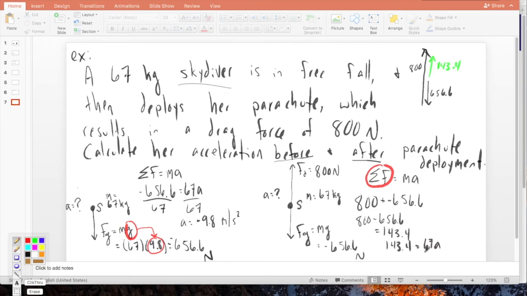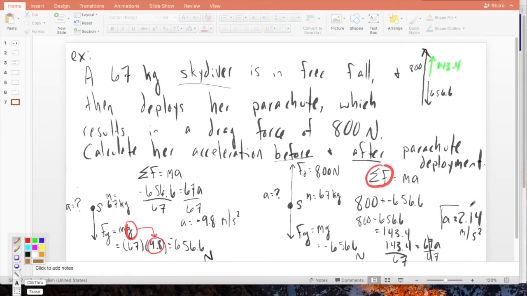I divide both sides by 67. That goes away. So I'm going to get A equals a number. And the answer I got is 2.14. And it's positive, 2.14 meters per second squared.